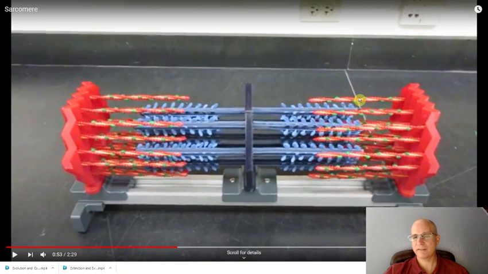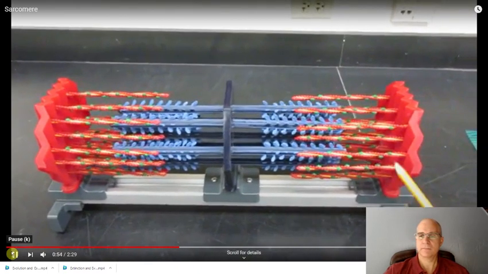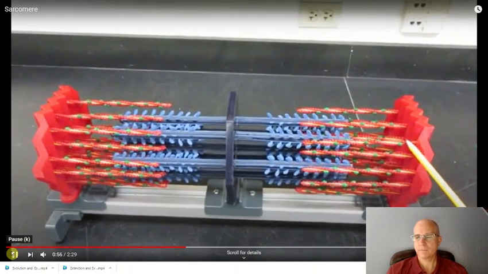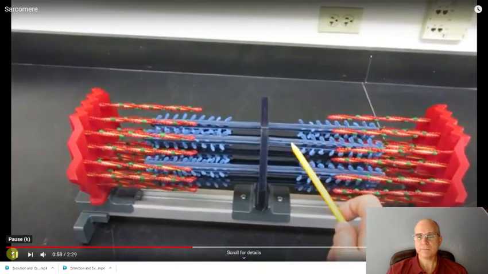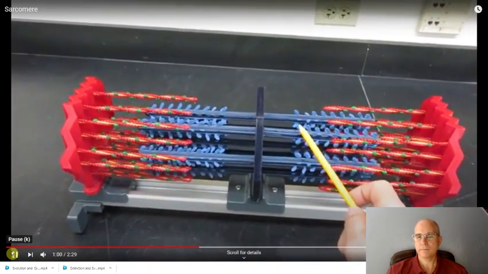This isn't the highest quality video, but you can kind of see here's our F-actin, the double strand of G-actins. The tropomyosin is kind of a cream color, and the troponin that's holding them together and has the binding sites for calcium is kind of in green. So this is a thin myofilament containing mostly actin, and this is the thick myofilament containing myosin.